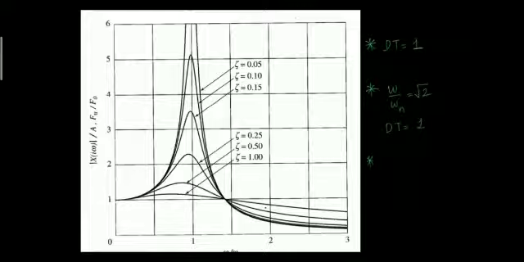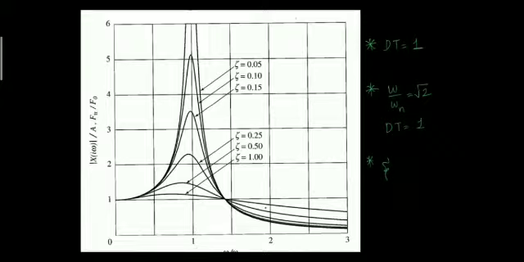Moreover, as you increase the amount of damping in the system, you can see here in this particular regime, for values omega by omega n less than root 2, damping helps, because as you keep increasing the amount of damping present in the system, the amplitudes are coming down. The values for the displacement transmissibility are coming down, so it helps.